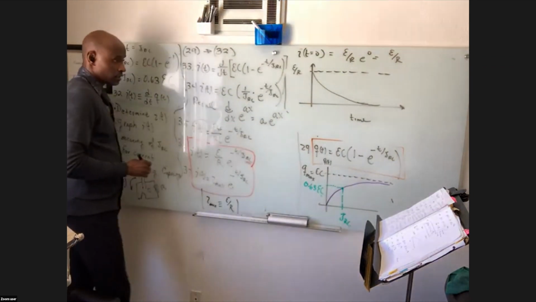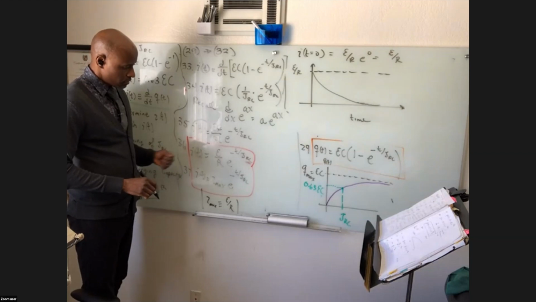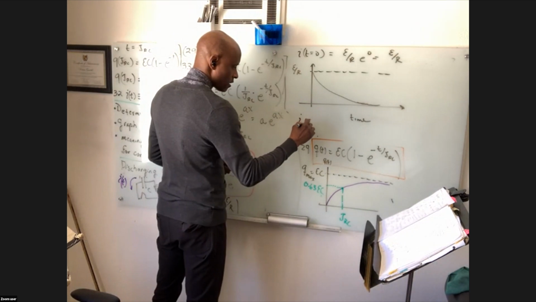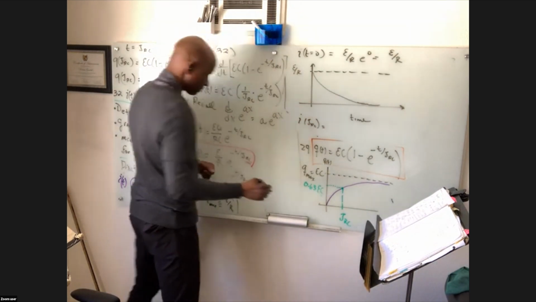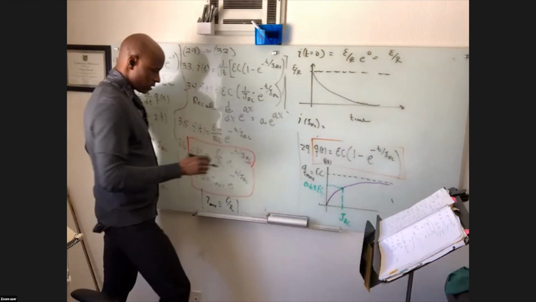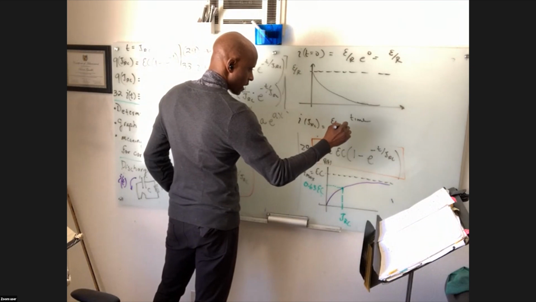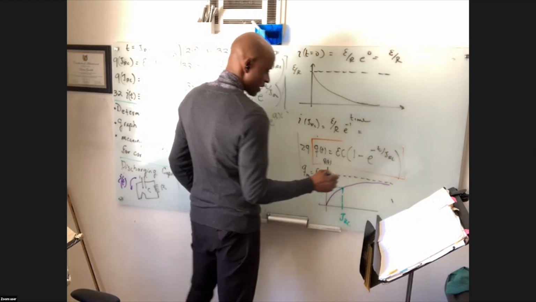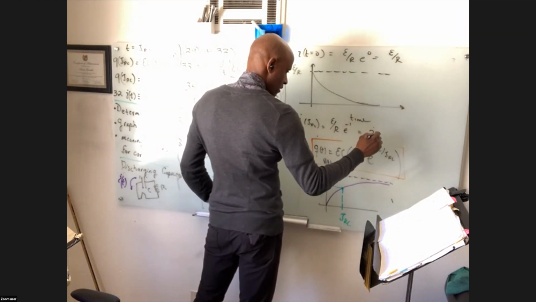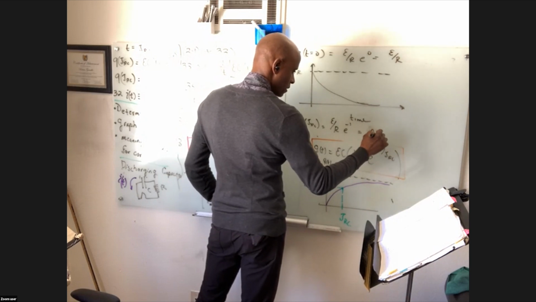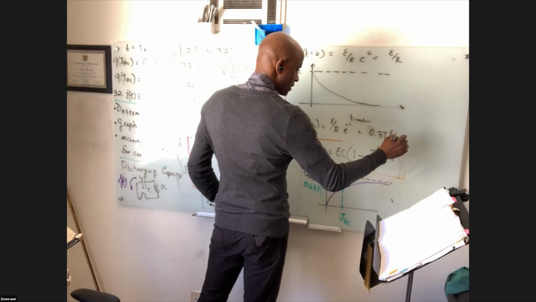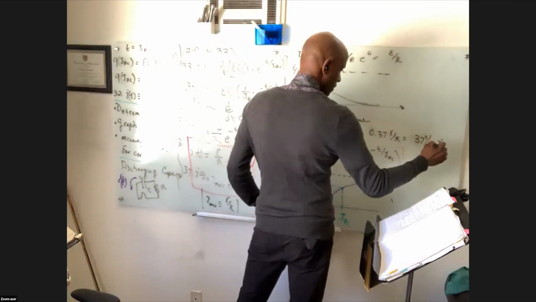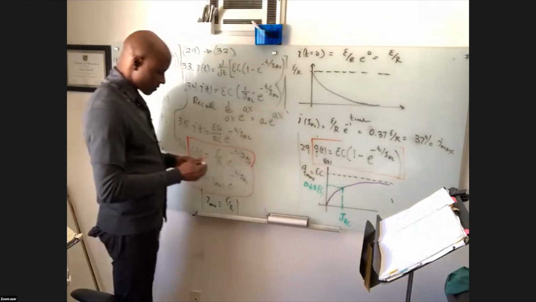And if you put the time constant into this function, then in one time constant, the current is equal to E over R times e to the minus 1, which is equal to 0.37 E over R, or 37% of the maximum current, given that E over R is equal to the maximum current.